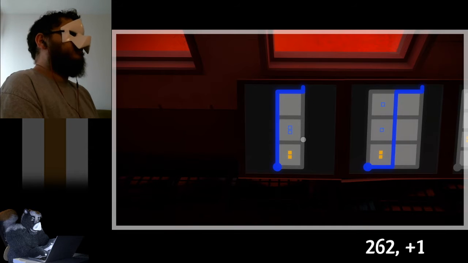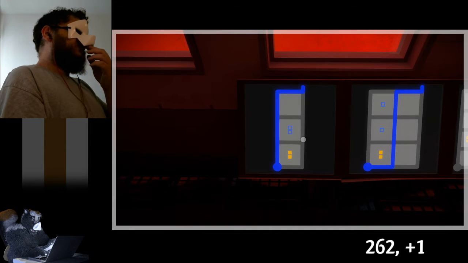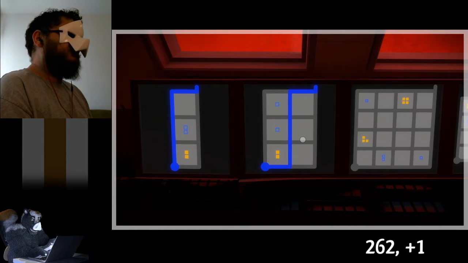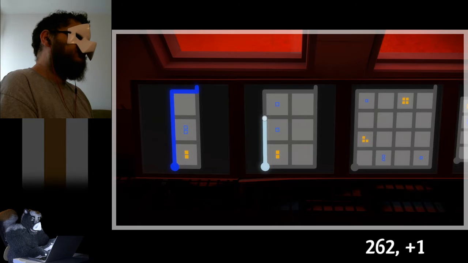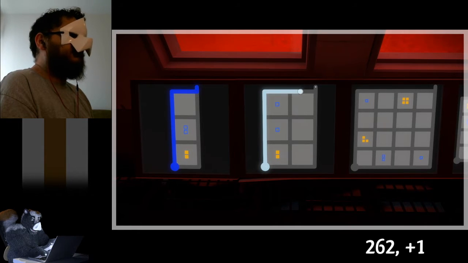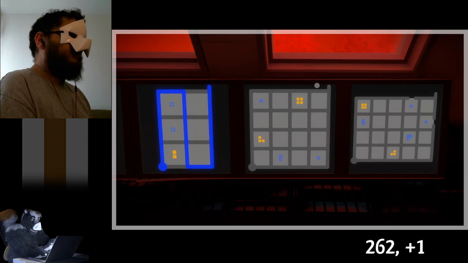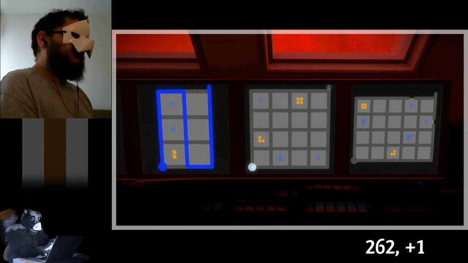That one works too. Huh. So I'm put inside a shape that cancels itself out.